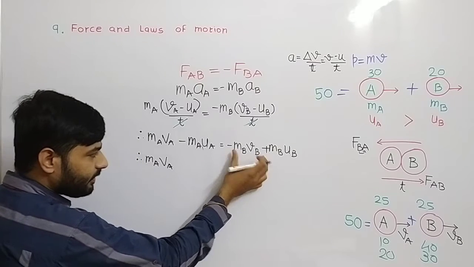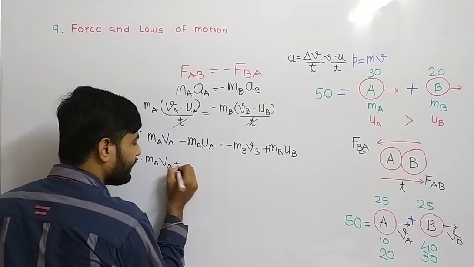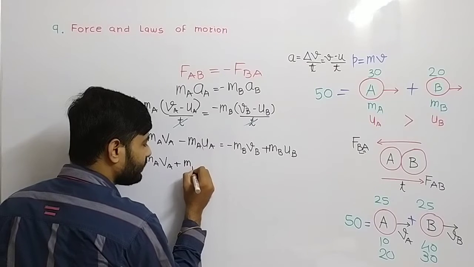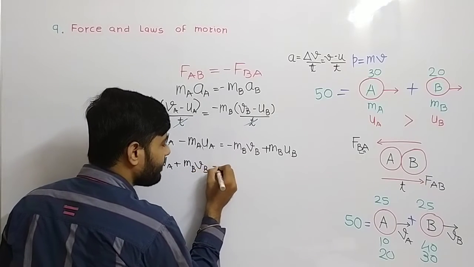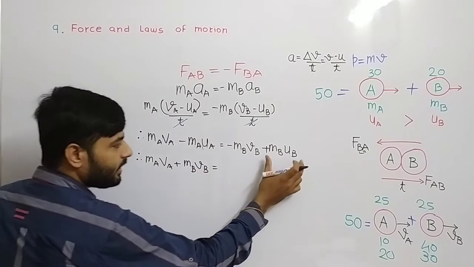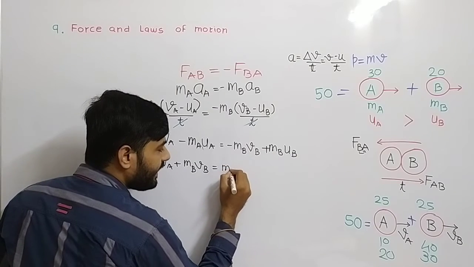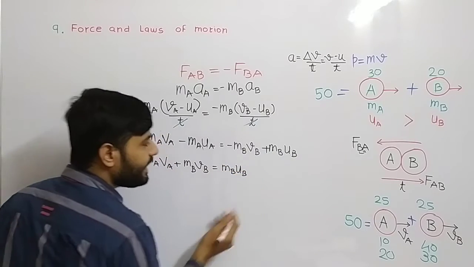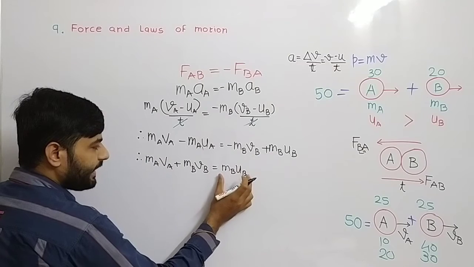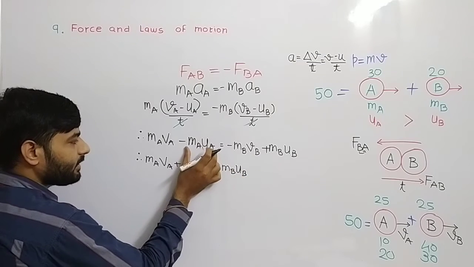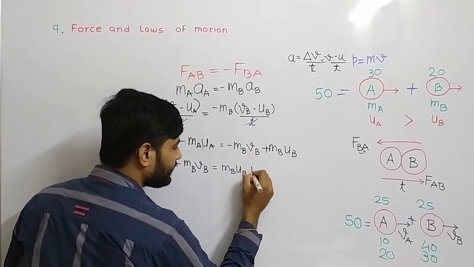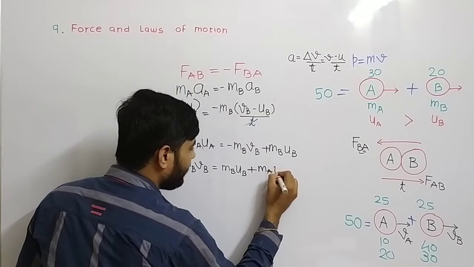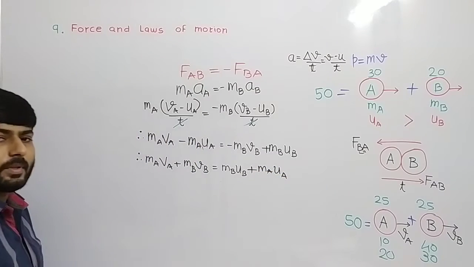This minus will be plus if I put it on the left side. So MB VB is equal to this MB UB, take as it is, and this minus will get plus MA UA.